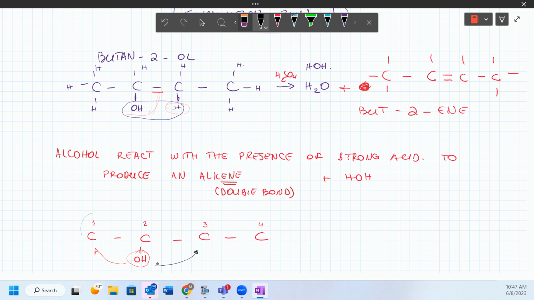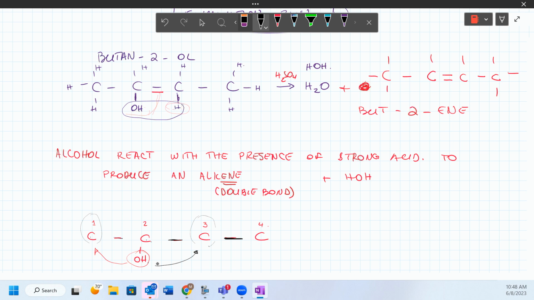So let's take a look at carbon 1. It has one carbon-to-carbon bond, between 1 and 2. And then let's see carbon 3. Carbon 3 has one with 2 and 3 and one with 3 and 4. So carbon 3 has more carbon-to-carbon bonds than carbon 1, which has only one.